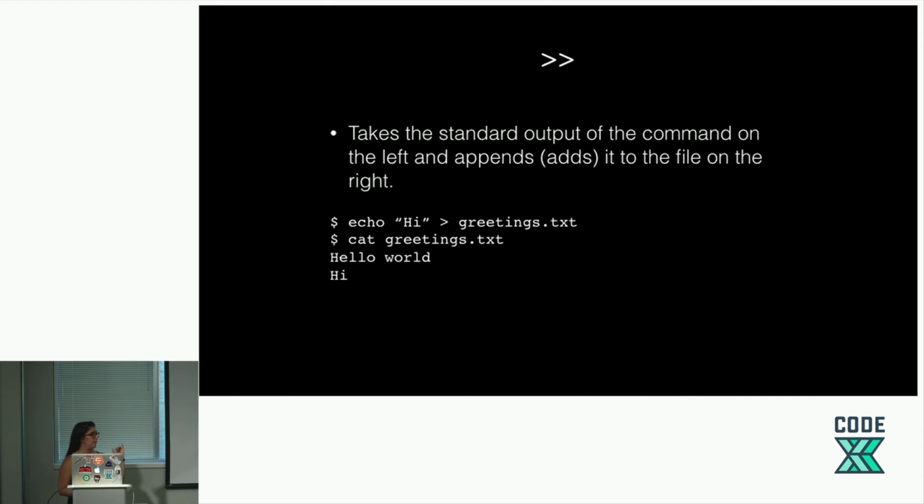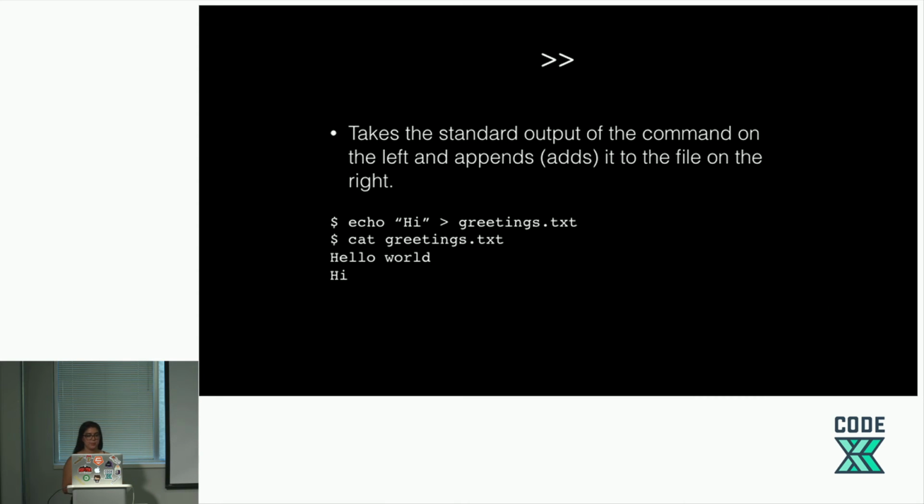Then we have the double gatormouth, >>, is what I call them. It takes the standard output of the command on the left and appends, or adds, it to the file on the right. Previously greetings.txt wasn't there.